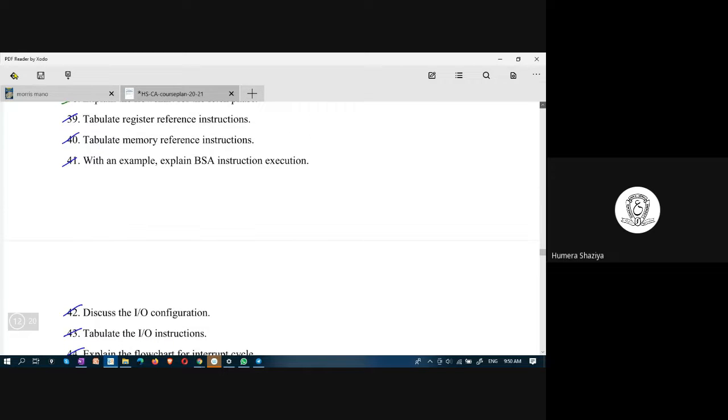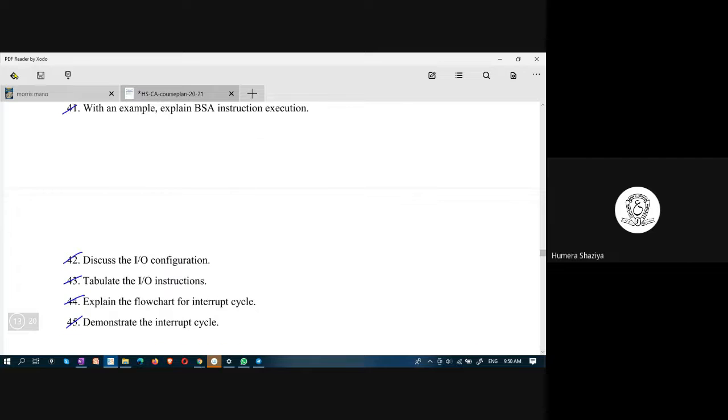You see, the 39th question is tabulate register reference instructions. 40 is tabulate memory reference instructions. 41 is with an example explain the DSC instruction. And 42 onward: IO configuration we have learned, IO instructions we have learned, flowchart for interrupt cycle we covered, and demonstration of the interrupt cycle, that memory status, we have covered.